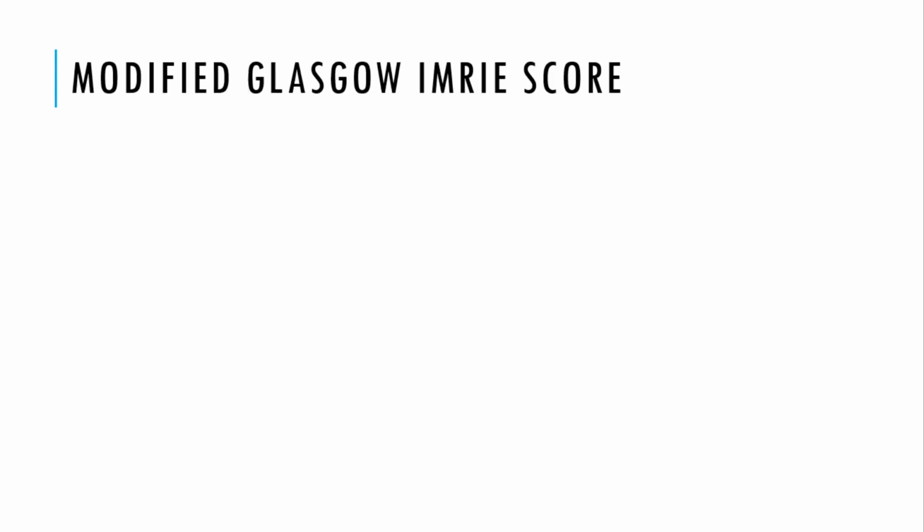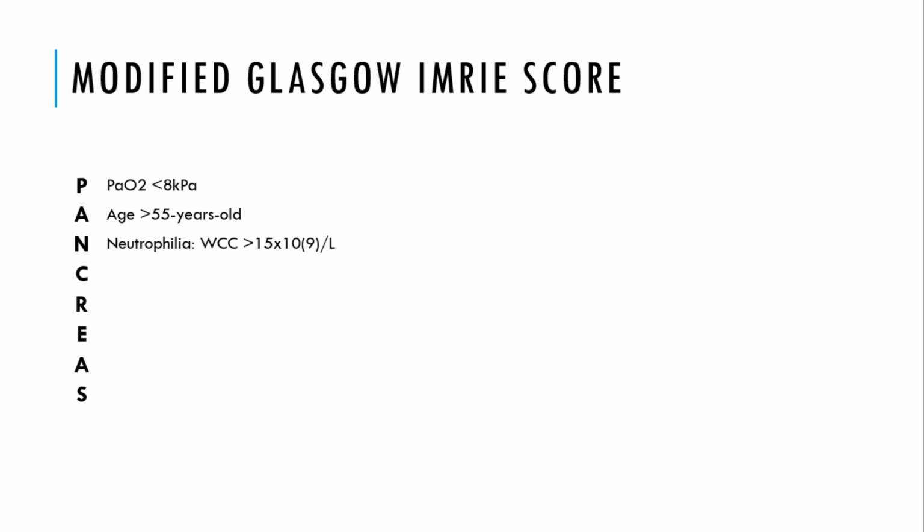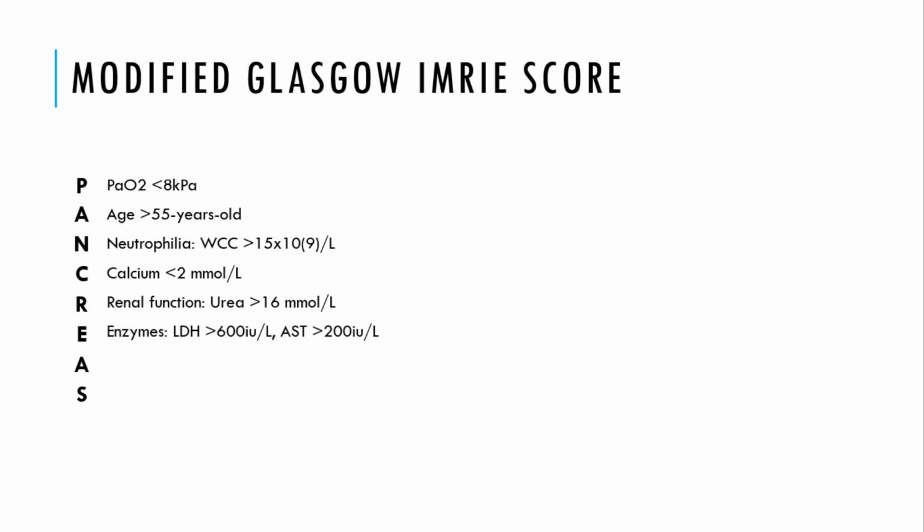An easier scoring scale is the Glasgow score, or as it's known, the modified Glasgow IMRI score, which has a very convenient mnemonic to remember all the things you need to measure, which are PO2 less than 8, age above 55 years, neutrophilia with white blood cells over 15, calcium less than 2, renal function with urea of greater than 16, liver enzymes with an LDH over 600 and an AST over 200, serum albumin less than 32, and sugar with blood glucose over 10.